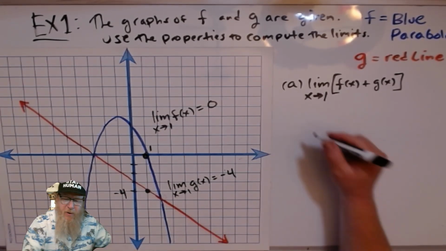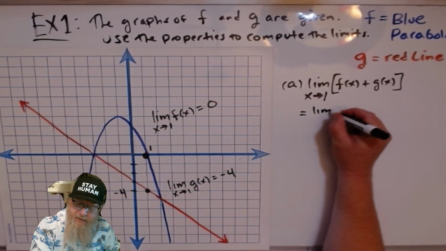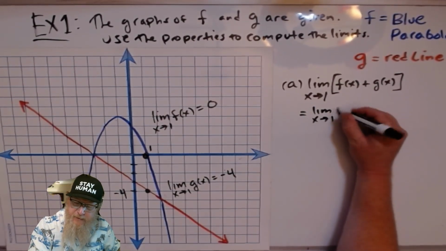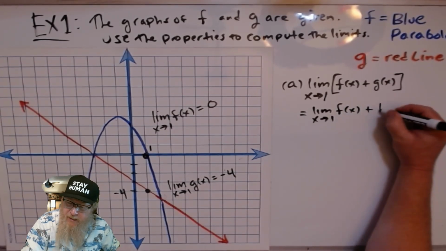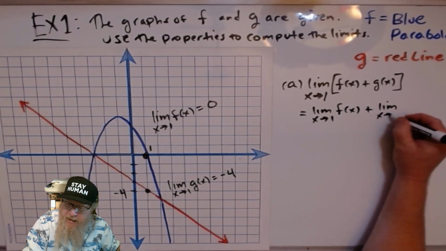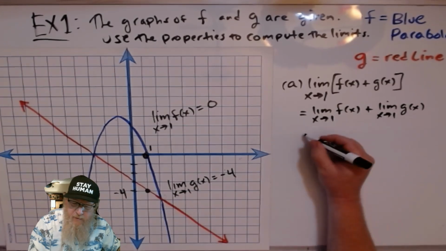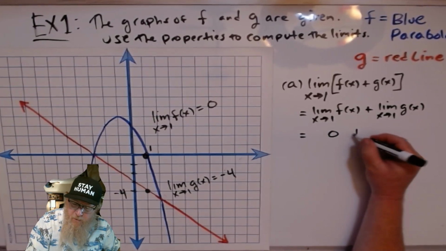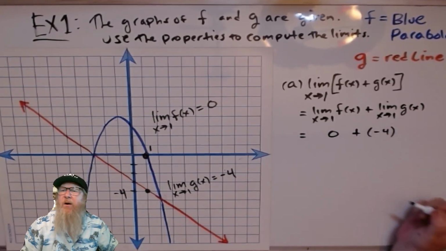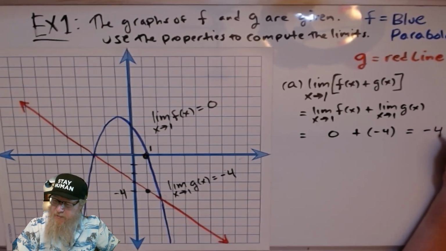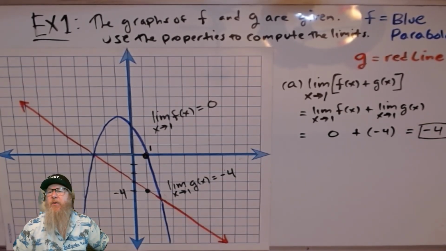So using the property, this is the limit of f plus the limit of g, which is 0 plus negative 4. So the result is negative 4.